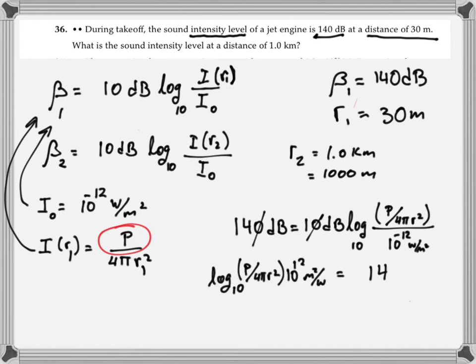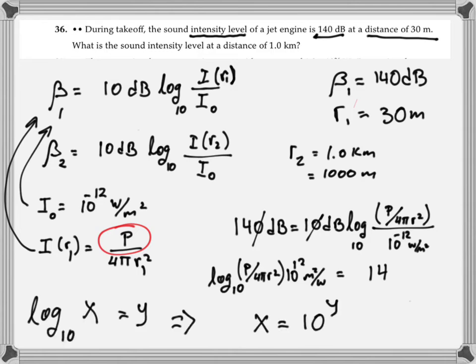We can divide by 10 on both sides, and the equation says log base 10 of power divided by 4 pi r squared, times 10 to the 12 meters squared per watt. Notice that this is not important, but I put the denominator of that fraction as a numerator by flipping the sign of the exponent. So the log base 10 of that quantity equals 14.